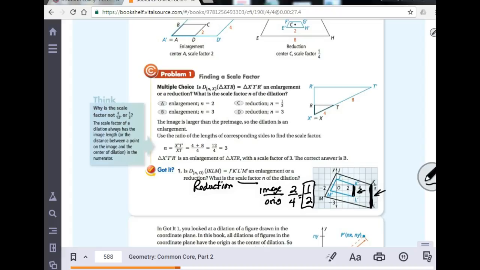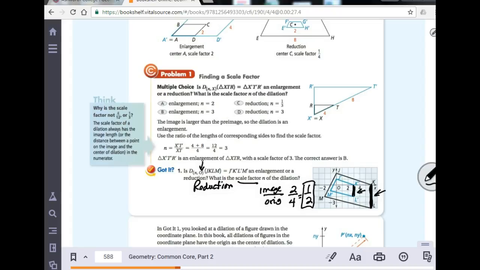Another way that you can find scale factor is how far it is away from the origin, or most of the time it's the origin. This right here will tell you where it's being dilated from, and in many cases, if there's an O there, of course, that means from the origin.